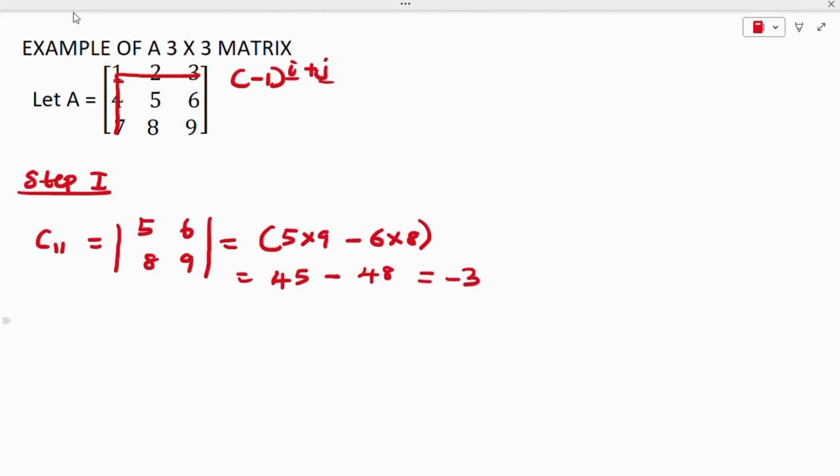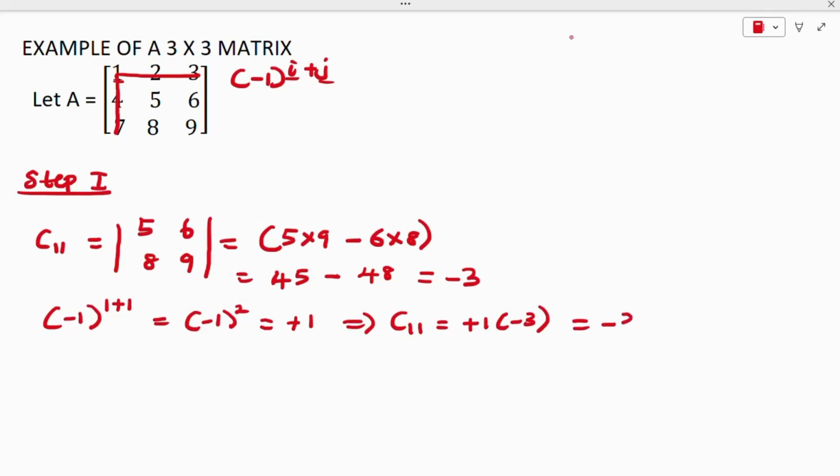Let's apply the sign pattern: minus 1 raised to the power of 1 plus 1, which is minus 1 raised to the power of 2, which is plus 1. So C11 is plus 1 multiplied by minus 3, which is minus 3. So we are done with C11.